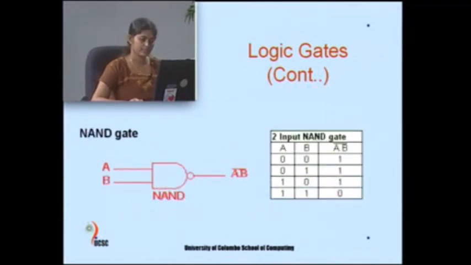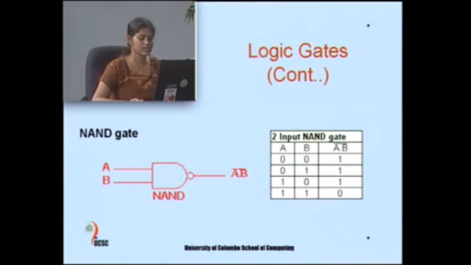For this gate, the truth table is given here. This is a NOT AND gate, which is equal to an AND gate followed by a NOT gate. The output of a NAND gate is high if any of the inputs are low. The symbol is an AND gate with a small circle on the output.